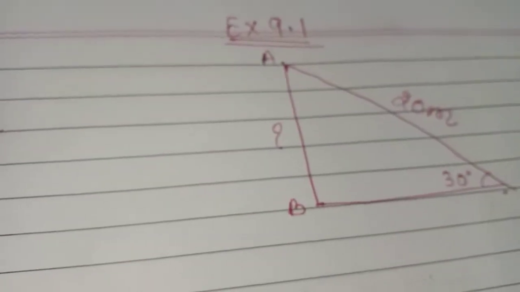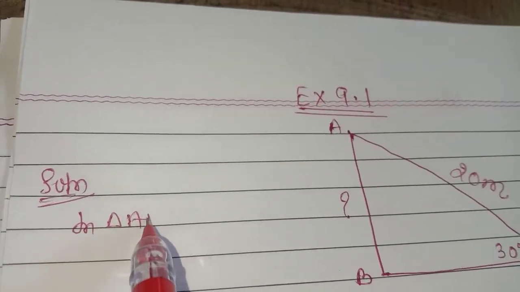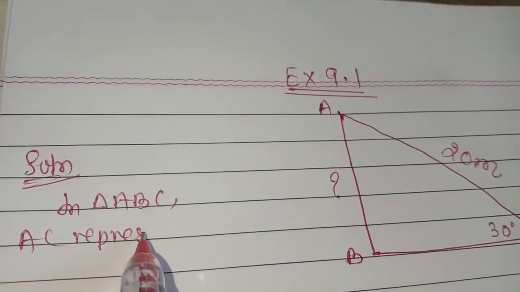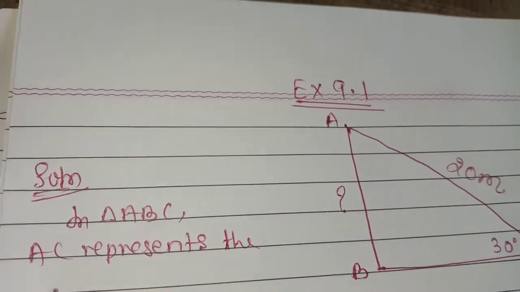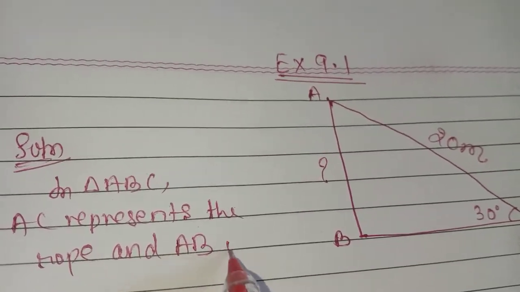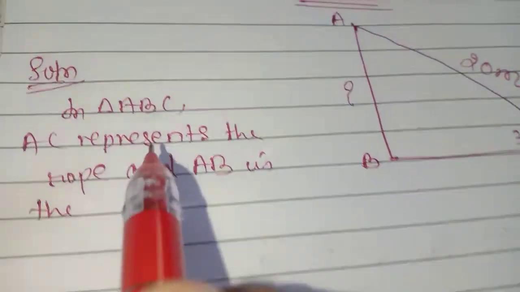So let's do the solution now. In solution we will write, in triangle ABC, AC represents the rope and AB is the height of the pole.